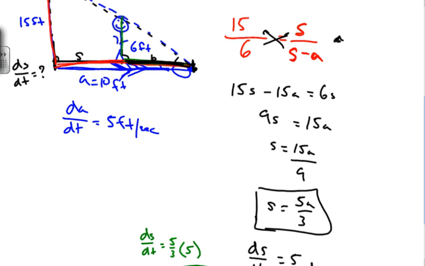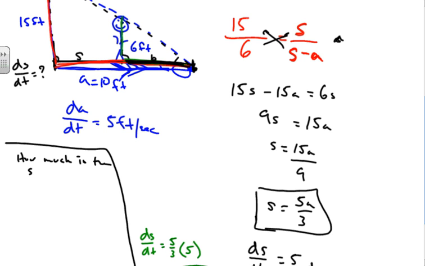So how is the shadow itself changing? What is the rate of the shadow at that moment in time? We'll set it up again. We have 15 is to 6.